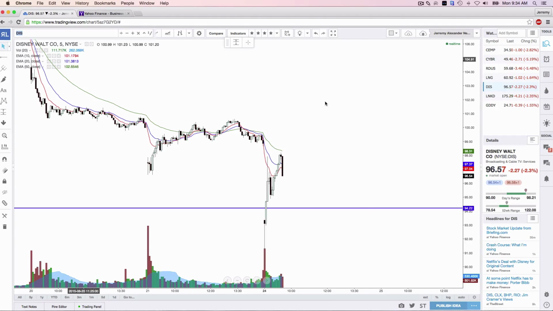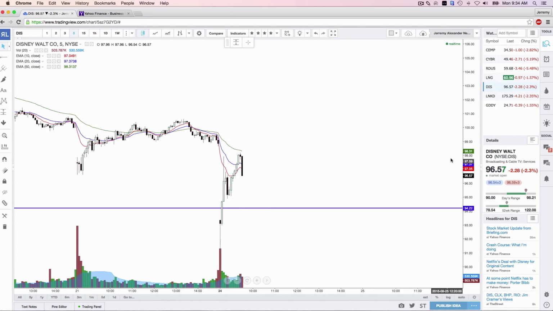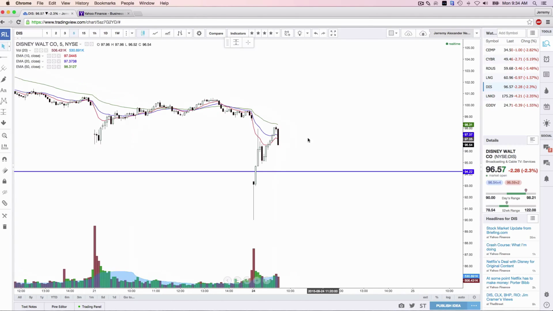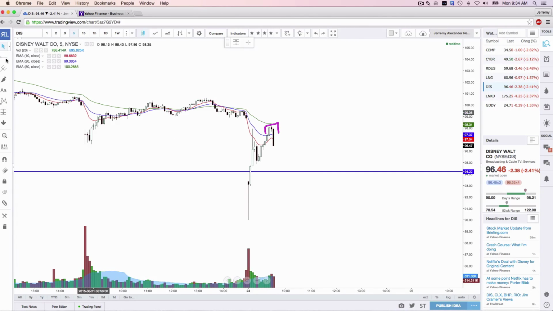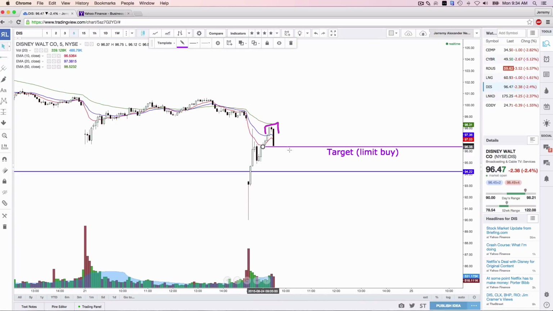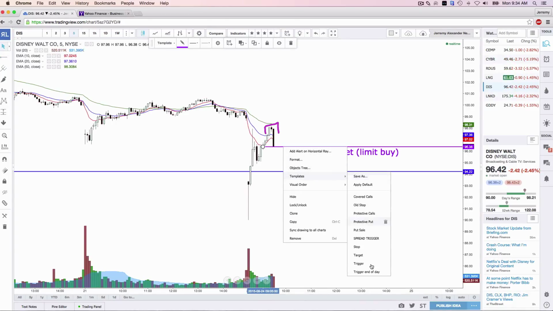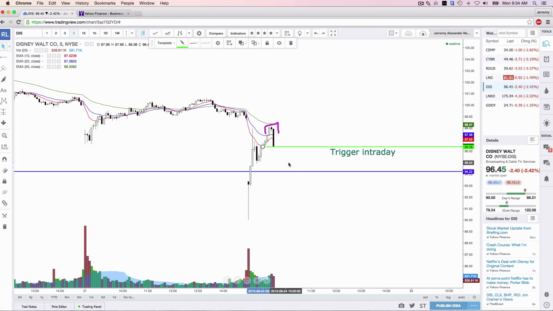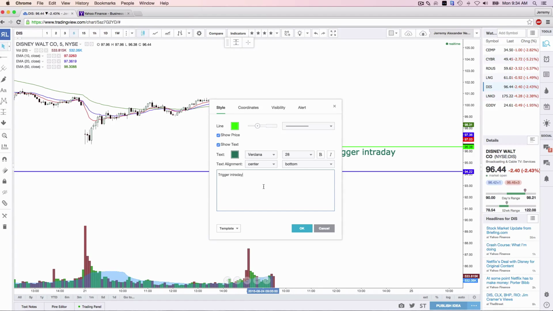Disney looks potentially rollover-ish right about here. We've got an evening star reversal pattern. So let's do a really quick example. Say that we want to sell short Disney at 96.38. This will be a trigger, so we can say stop limit, sell.